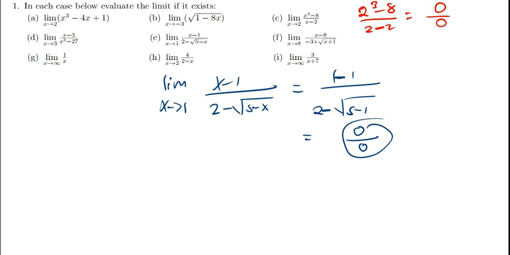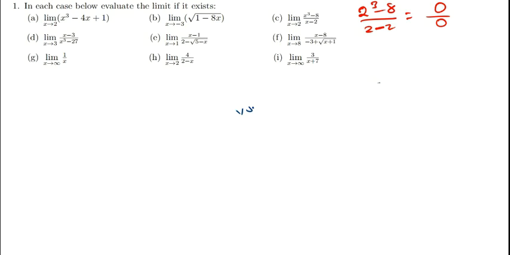Even if I rationalize the denominator, I'll still end up having 0 over 0. The only problem here is that it is approaching a number and not infinity or 0. So I'm going to use what we call L'Hospital's rule.